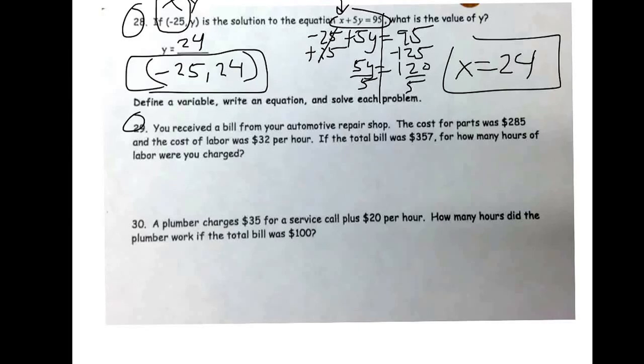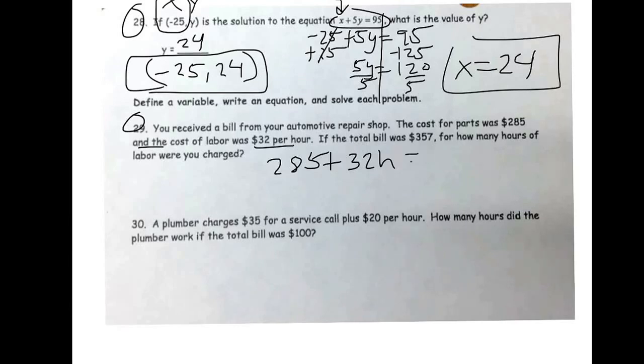It says you received a bill from your automotive repair shop. The cost for parts was $285, and so plus labor was 32 per hour. So that's 32 per h. And our total bill was $357. We're supposed to solve to find our h. So we draw our line down. No simplification on either side.